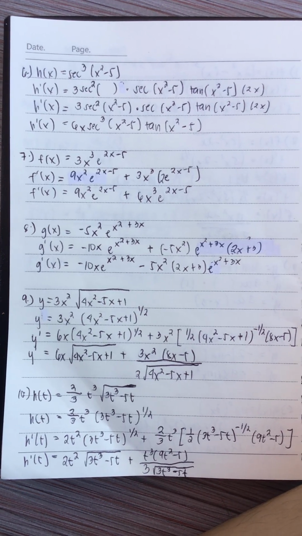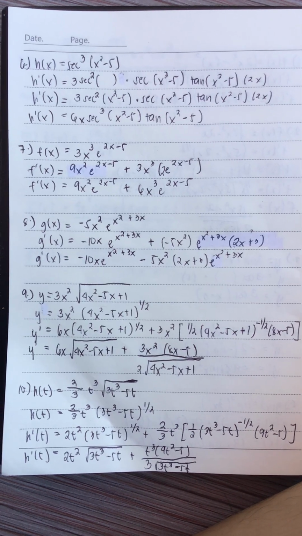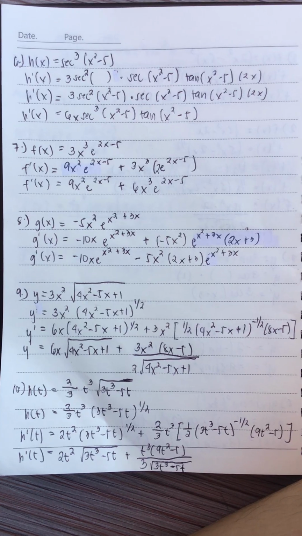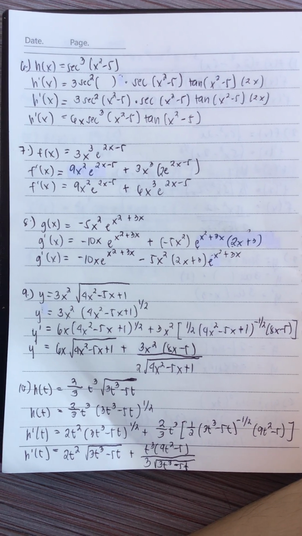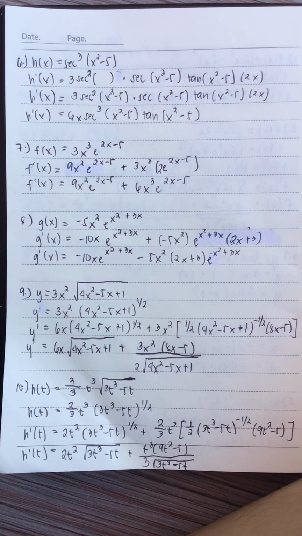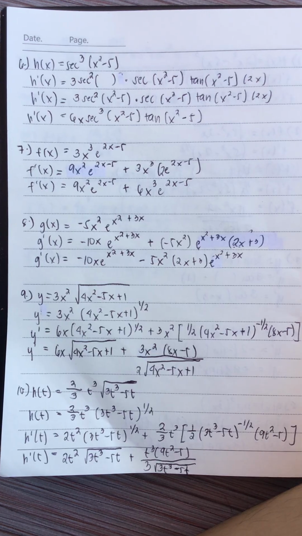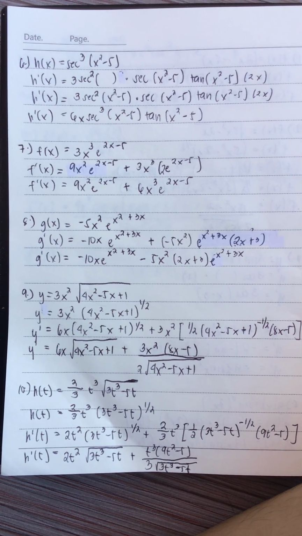So now h prime of x equals 3 sec squared of x squared minus 5 times 6 sec of x squared minus 5 tan of x squared minus 5 times 2x. So combining them all together, 2x times 3 gives us 6x, and then sec cubed, because we see there 2 sec with the same inner function.